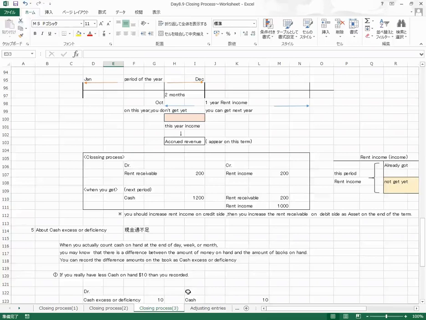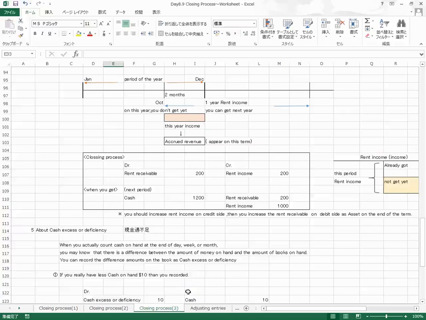You may know that there is a difference between the amount of money on hand and the amount on the book. So you can record the difference on the book as cash excess or deficiency. You adjust the book to the real amount of cash you actually counted.